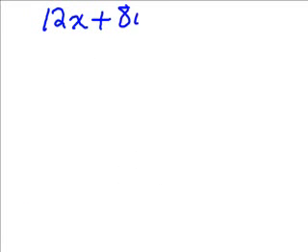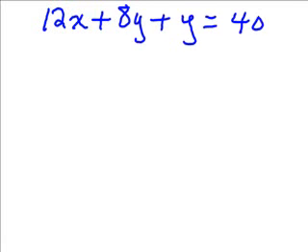And that's going to give me 4 times 3x, that's 12x, plus 4 times 2y, that's 8y, plus z equal to 400.